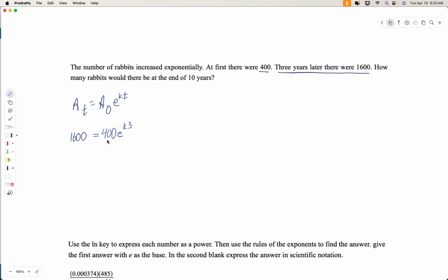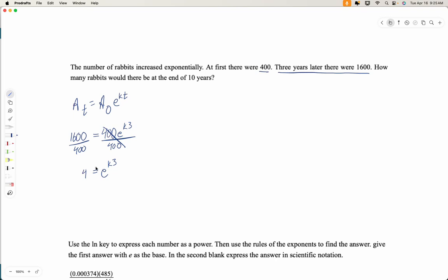So we're going to, first of all, solve for what we know we can solve. So we're going to divide both sides by 400 because that's the first factor that we know we can do something with. 1,600 divided by 400 is 4. And so that's going to cancel that. So we have e with a constant times 3.